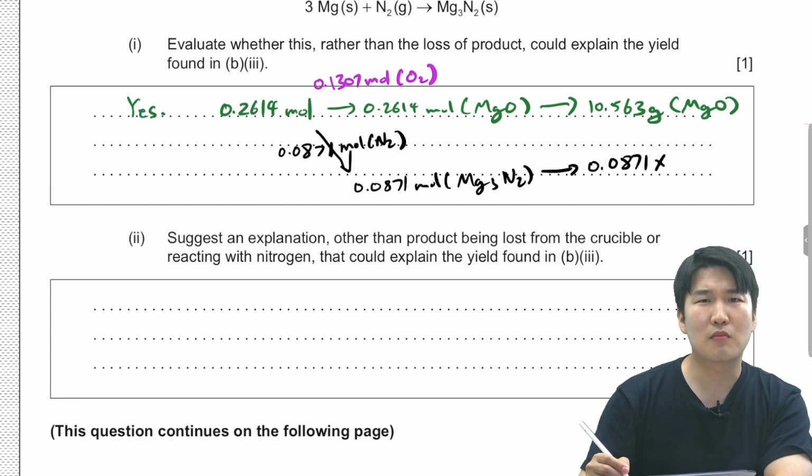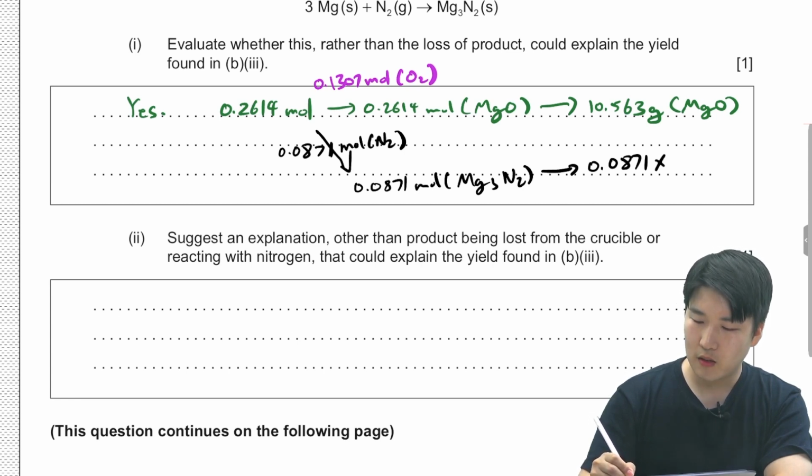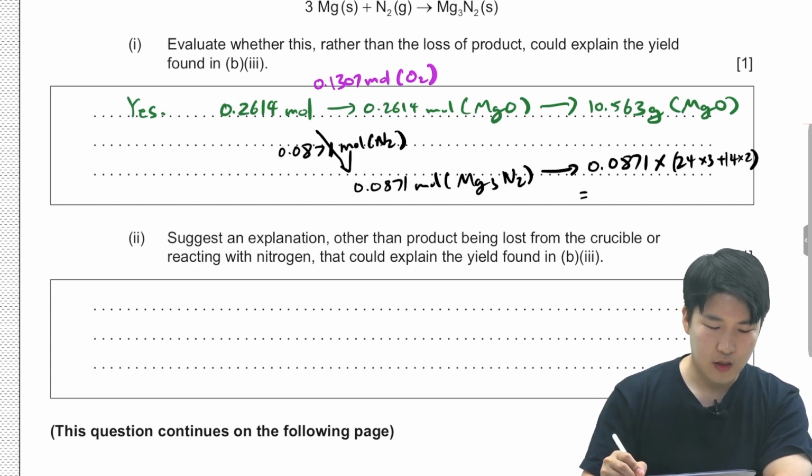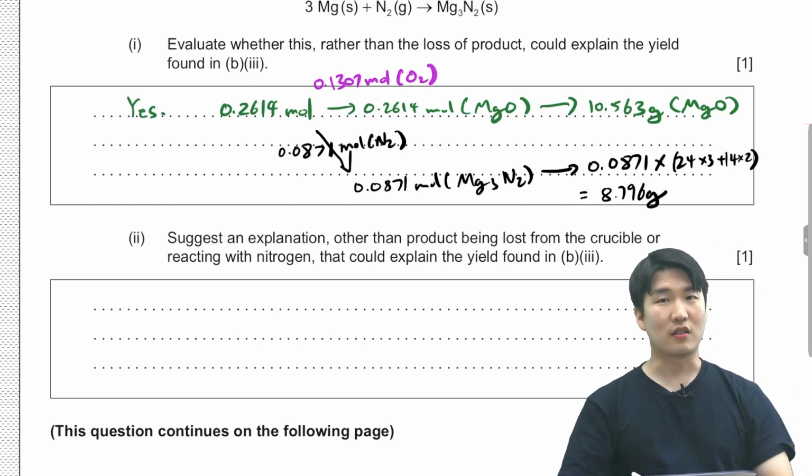Let's work out the magnesium nitride molar mass. It's going to be, roughly speaking, 24 times 3, that's 3 magnesium, plus 14 times 2, that's 2 nitrogens, which would give, do the quick math, 8.796 grams of magnesium nitride.